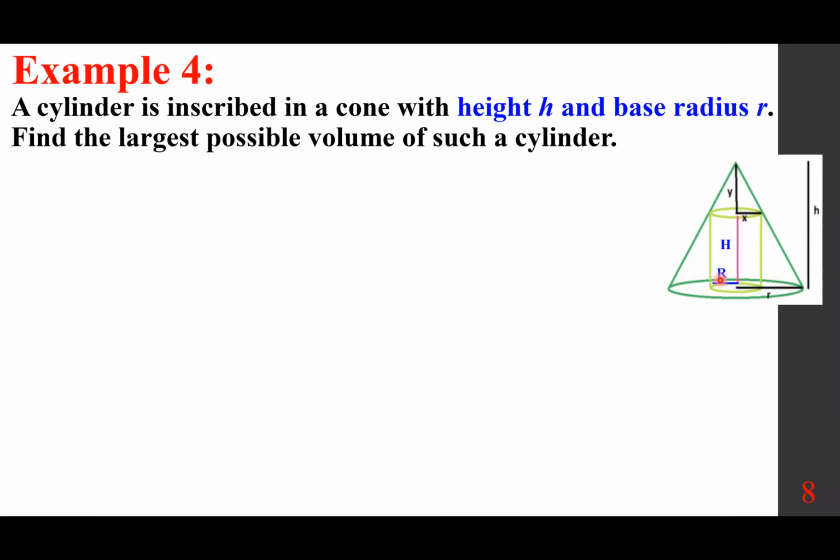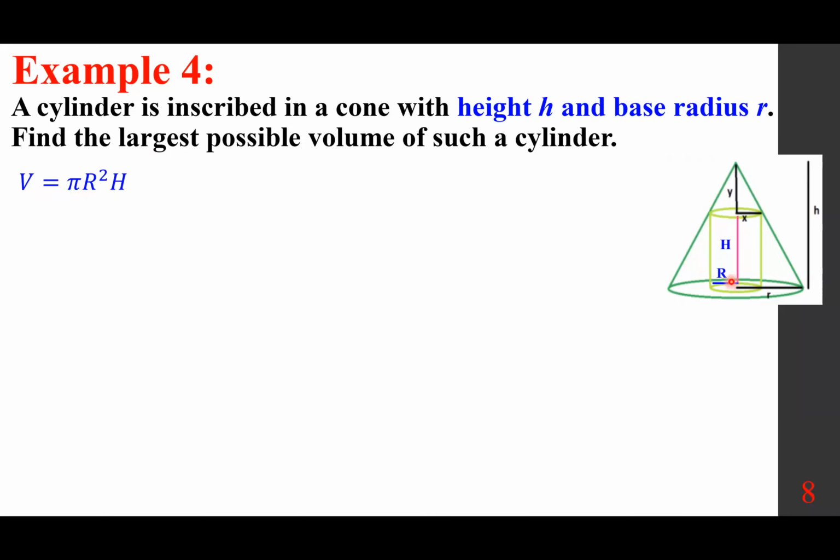We want to find the largest possible volume of a cylindrical shape, which is pi r squared h. So pi, capital R squared, capital H. That's what we want to maximize. So largest possible volume.